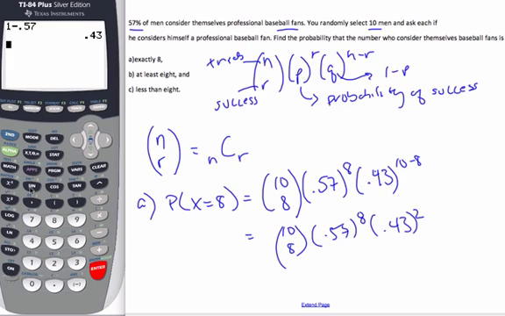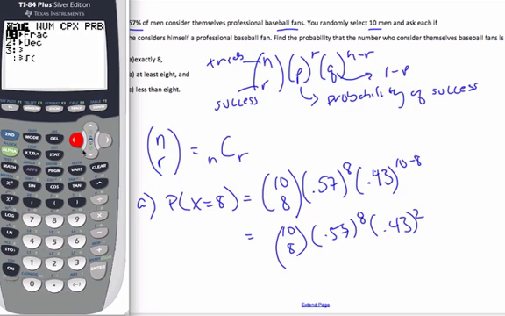I'm not sure what calculator you have or how you do this in your calculator, but on this one, I'm just going to go to math, probability, number 3.